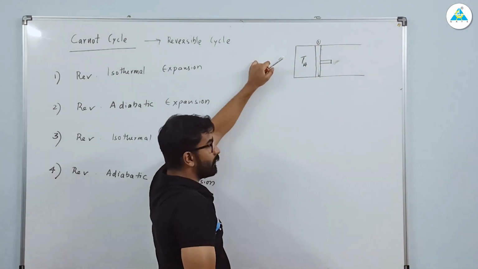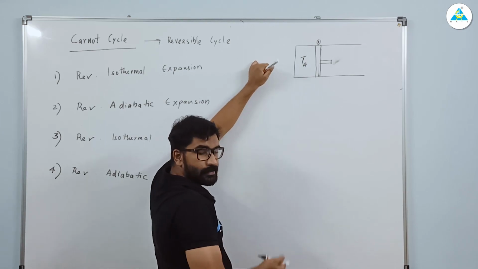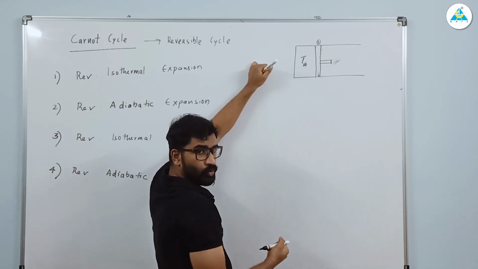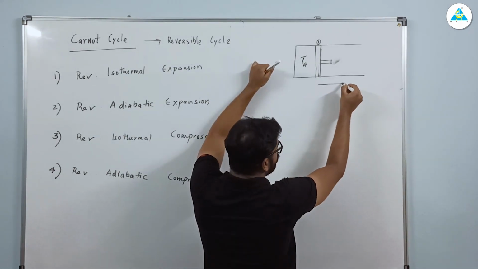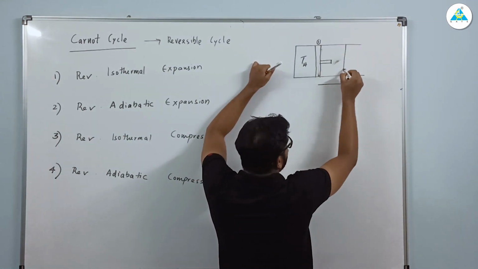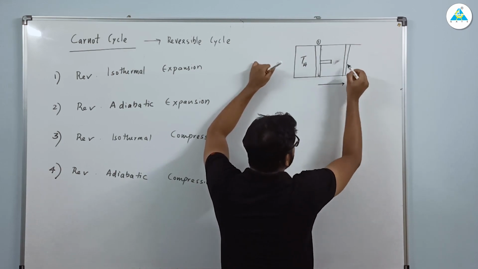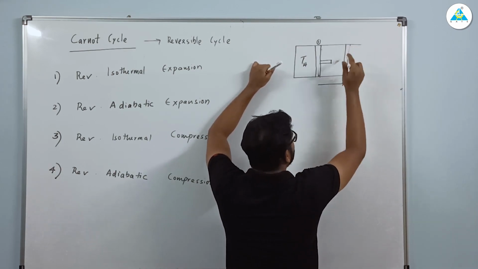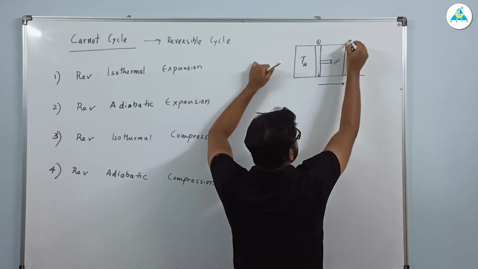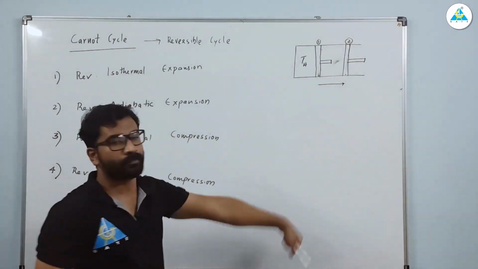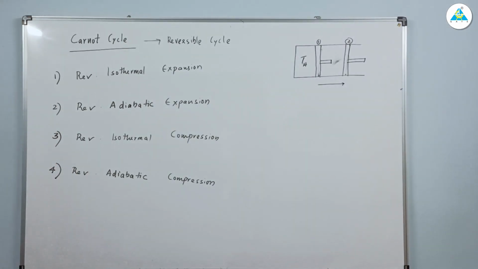Now I am doing my first process from state 1 to state 2, which is expansion. When I expand this, the piston will move from the first position to the second position. Initially we have a gas inside the piston cylinder arrangement which is at a temperature TH.